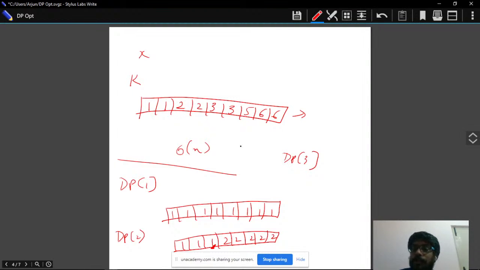It's the actual k of 3, right? So now for dp of 3, I don't need to spend any for loop. I can literally just go and say dp of 3 is nothing but dp of k of 3 plus cost of k of 3 plus 1 comma 3. So now this becomes constant time. I can compute dp of 3 in constant time.